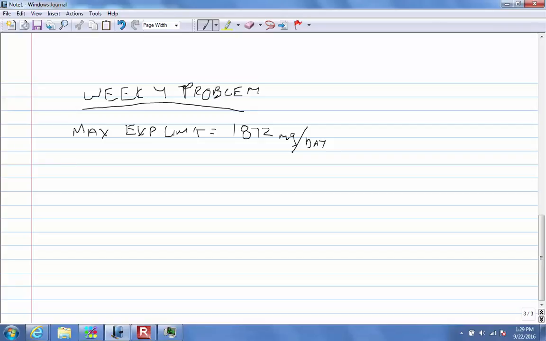And that is literally as simple as 0.85 times this limit up here, 1,872 milligrams. If we were in that atmosphere, in that environment, and we only absorb 85% of it, we will have actually absorbed 1,591.2 milligrams. We'll just call that absorbed.